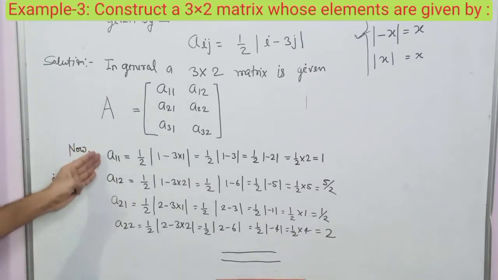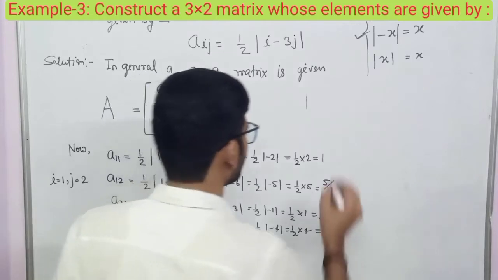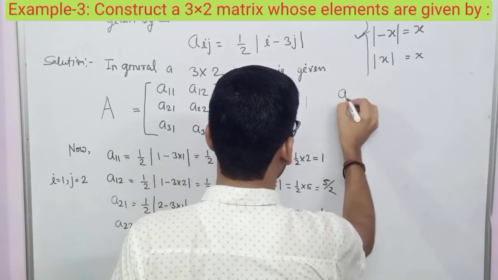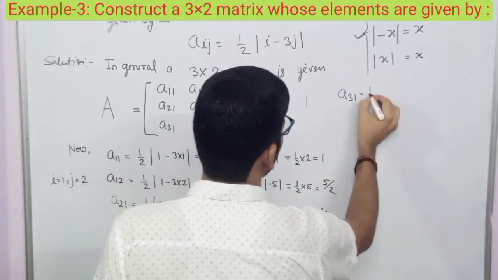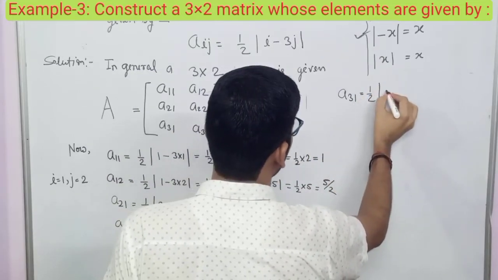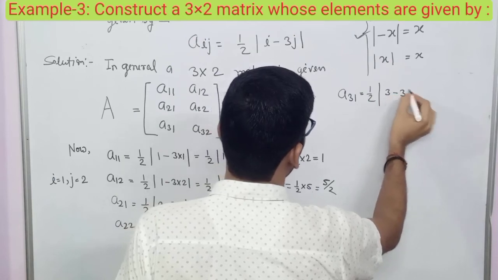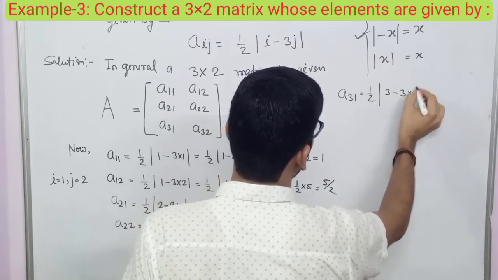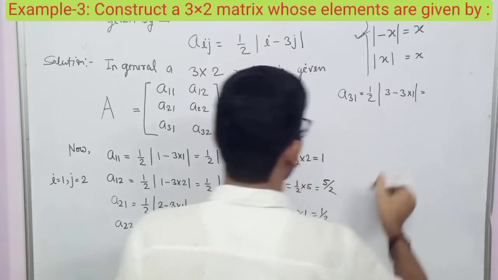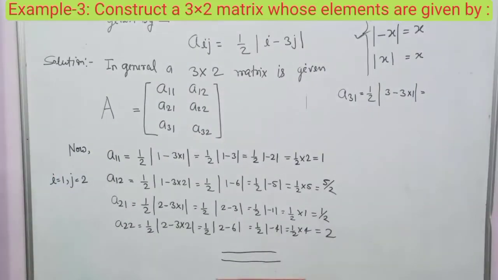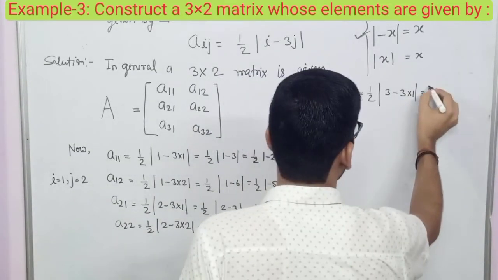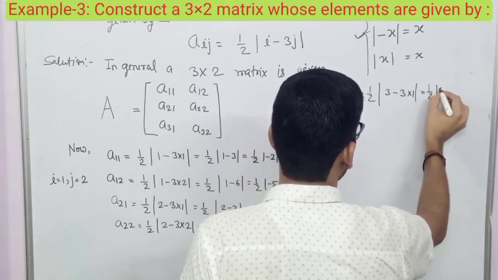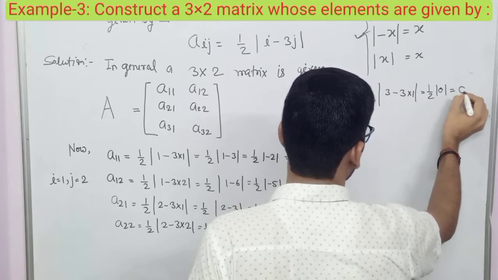Here we calculated 4 values, and now the remaining 2 values. A31 equal to 1 by 2 modulus of 3 minus 3 into 1, so 1 by 2 modulus 0, that means 0.